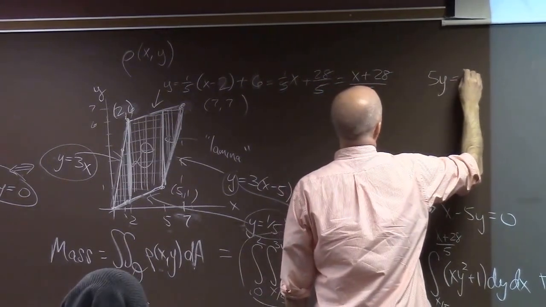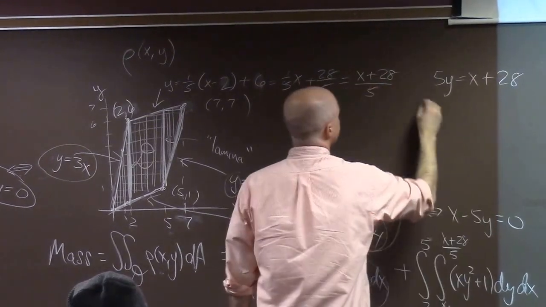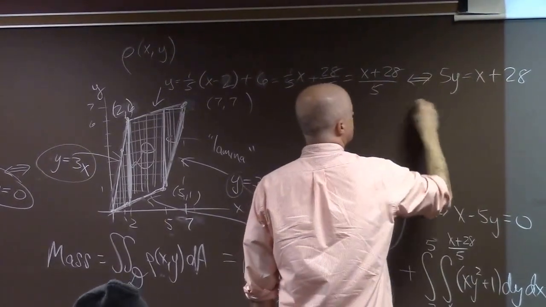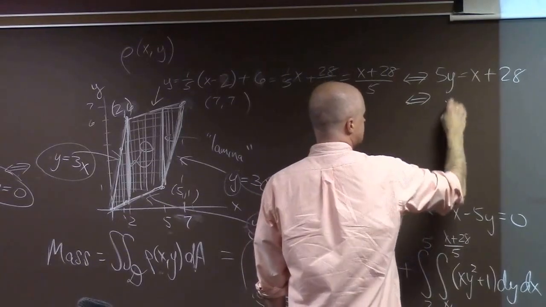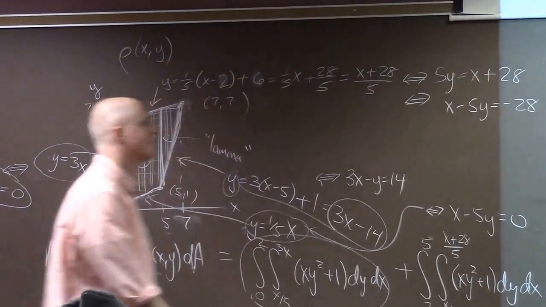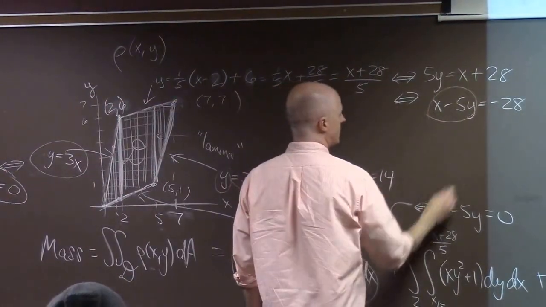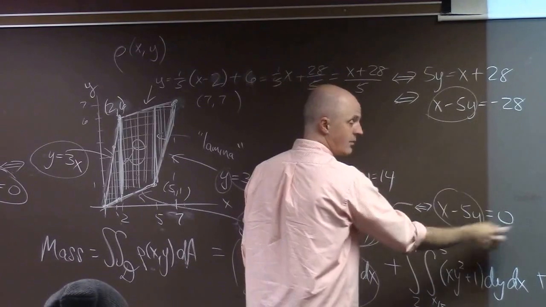Oh no, the 5 cancels, excuse me, 5y equals x plus 28. That's equivalent to x minus 5y equaling negative 28. So that quantity, x minus 5y, varies between negative 28 and 0.